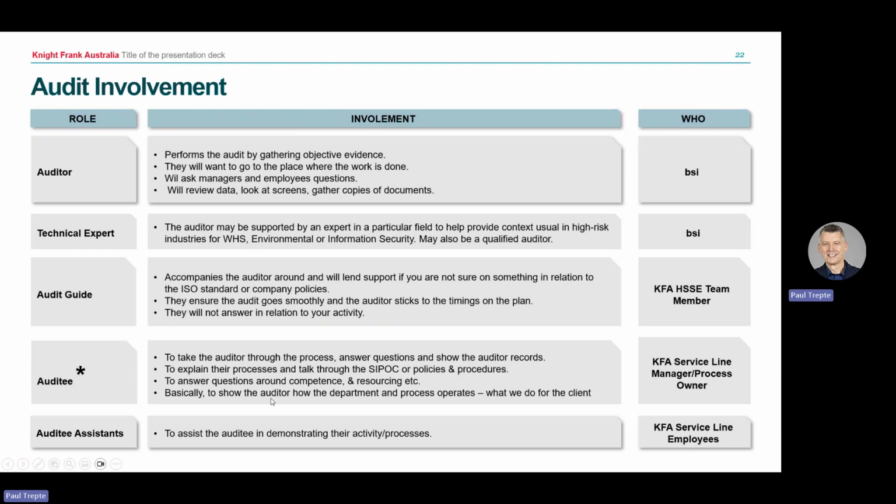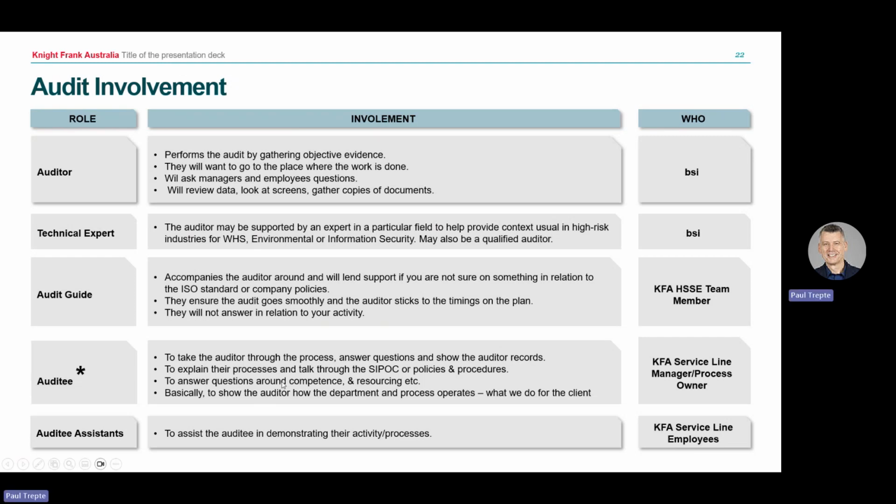We have our auditee, and that will be the Knight Frank service line manager or process owner, and their role is really to take the auditor through the process, answer questions and show the auditor records, to explain their process, i.e. what do we do in terms of our work, and talk the auditor through the process map, the SIPOC, or any specific policies and procedures that Knight Frank or the department has in relation to their work.